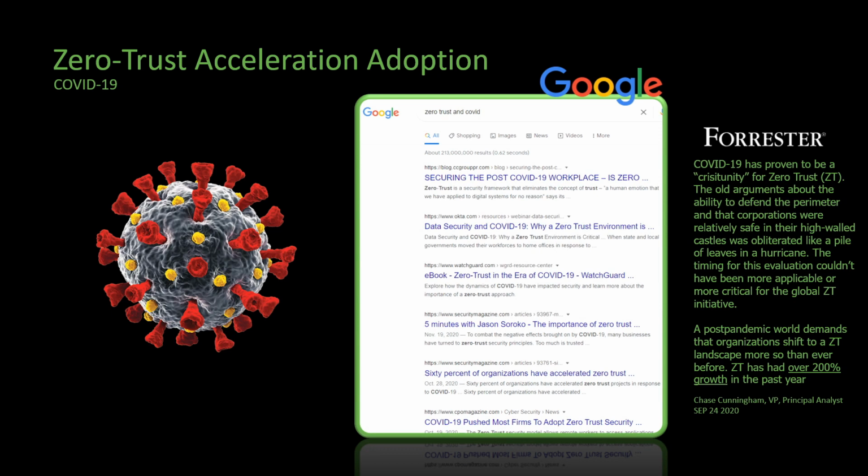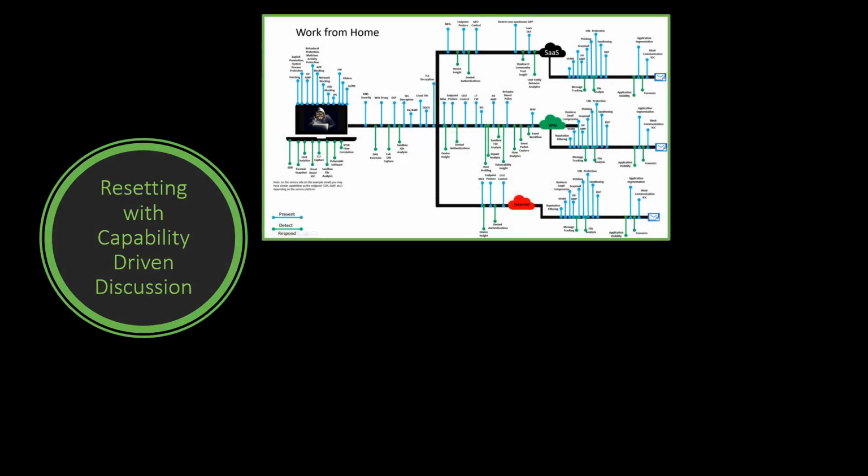Zero trust is certainly foundational to helping us with our overall security posture. But let's reset a little bit with a capability-driven discussion. And so, folks that know me and have listened to me before, I really talk about going back and understanding the capabilities to drive an outcome.